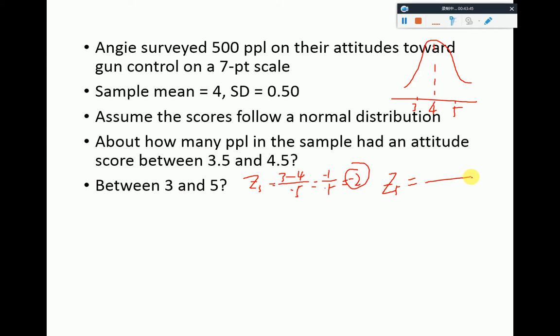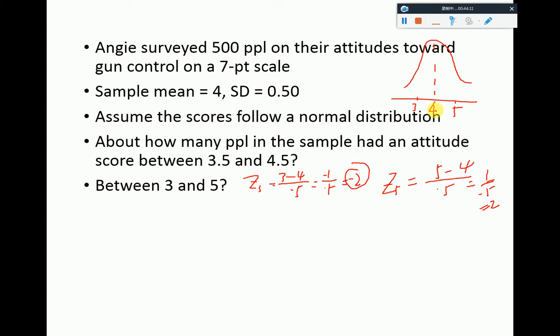It will be 5 minus 4, here's the mean, divided by 0.5. So it will be 1 divided by 0.5. It will be 2. That means 5 will be 2 standard deviations above the mean 4.